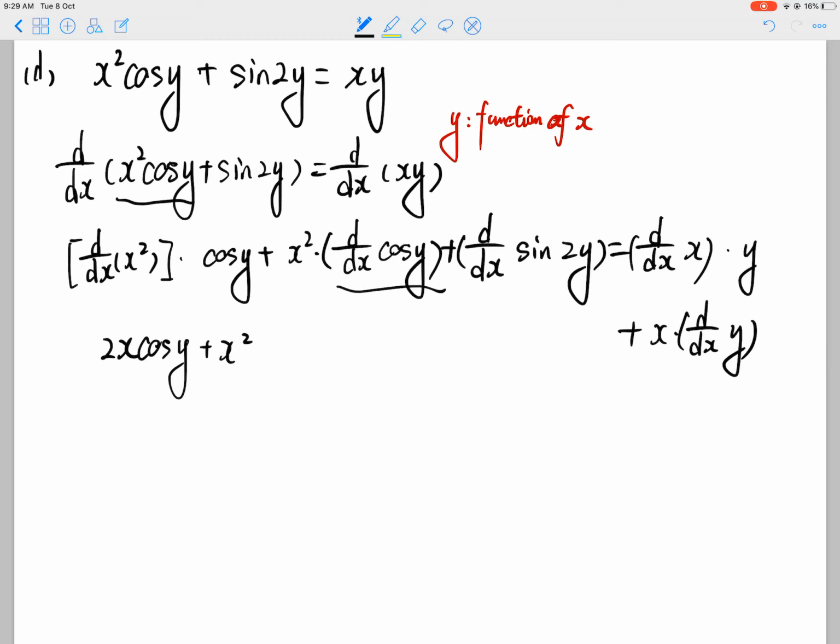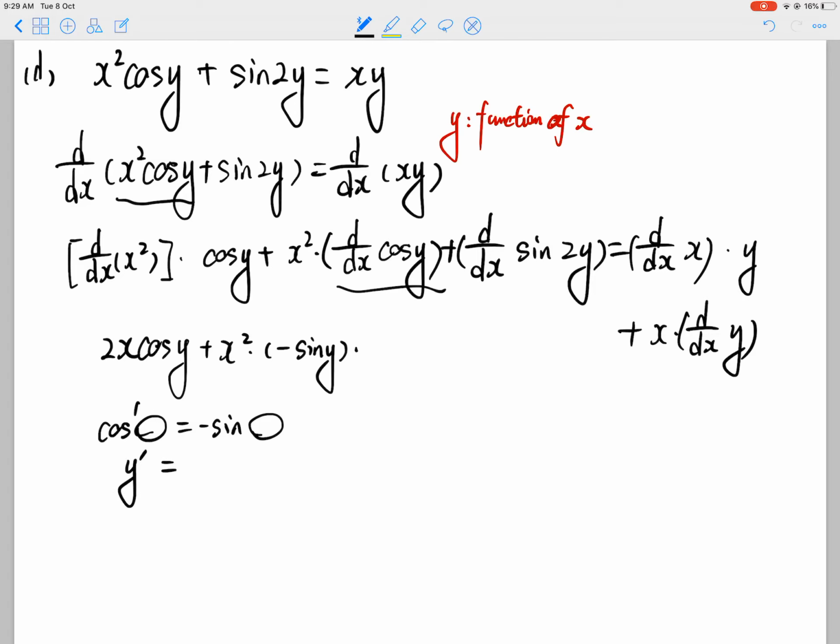What is this part's derivative? Again, you have to use the chain rule, because remember, y is a function of x. First step, it's cosine of something, the derivative is negative sine something, so times negative sine y. Second step, you ignore cosine, you have this y. What is y's derivative?